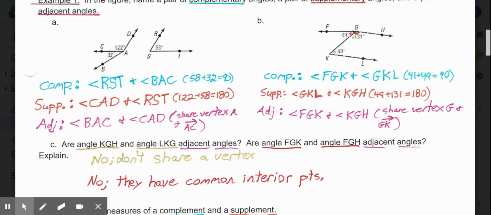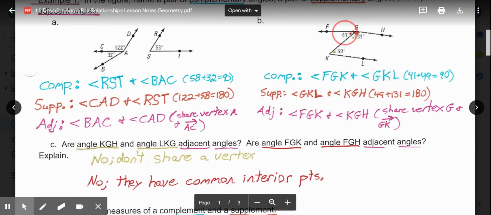Then it asks our angle FGK right here, 41 degrees, and FGH, so FGH being this whole larger piece here, so the 41 and the 131 together, are those adjacent angles? So yes, they share a vertex of G, they share a side, but they have common interior points, because FGH contains all the points inside of FGK. So they cannot be adjacent angles.